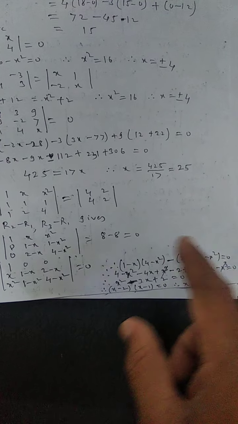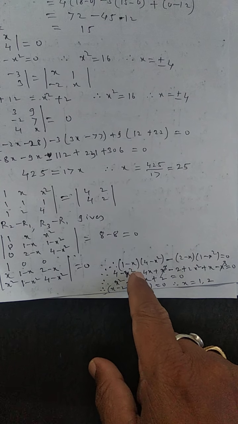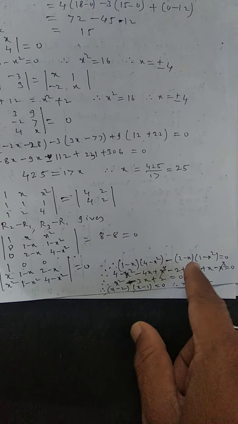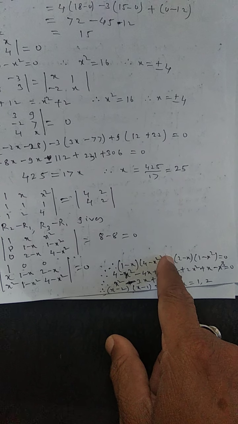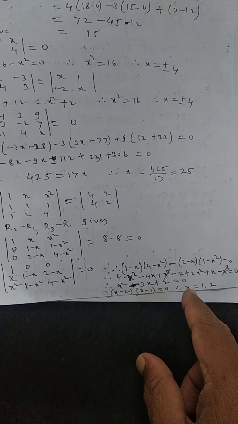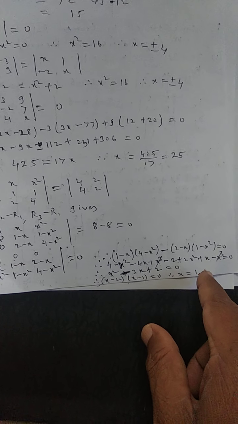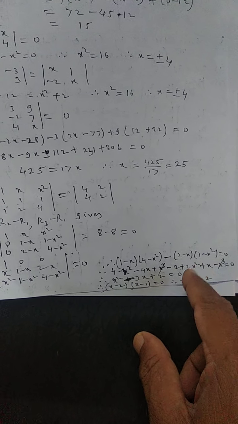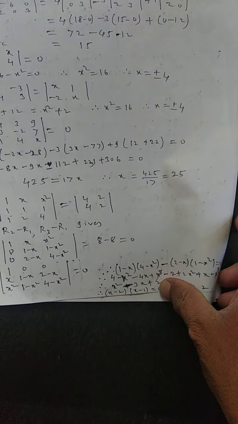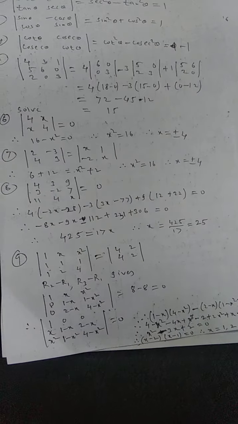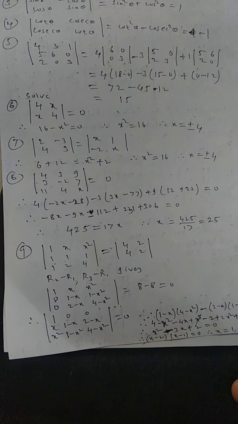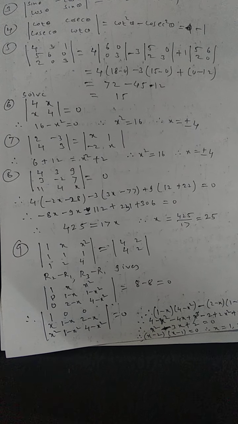So you just multiply these two brackets, take the subtractions and see the answer comes out to be x is equal to 1 and x is equal to 2. So I suppose it is sufficient for you.